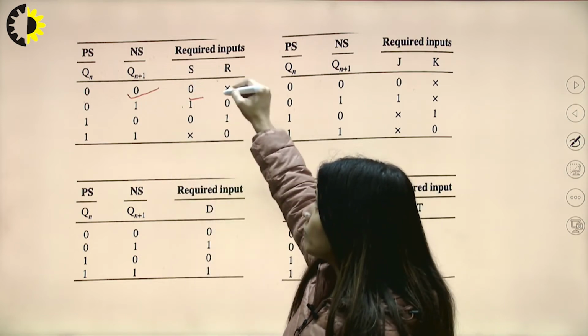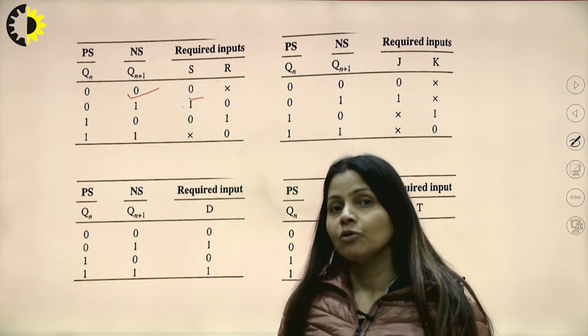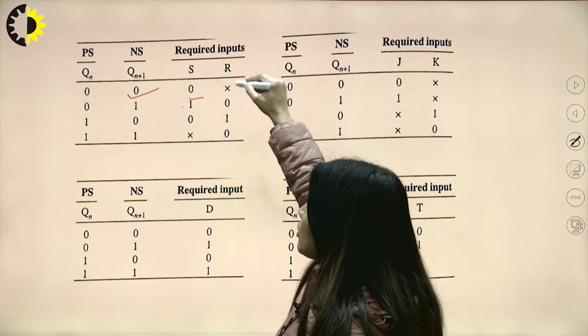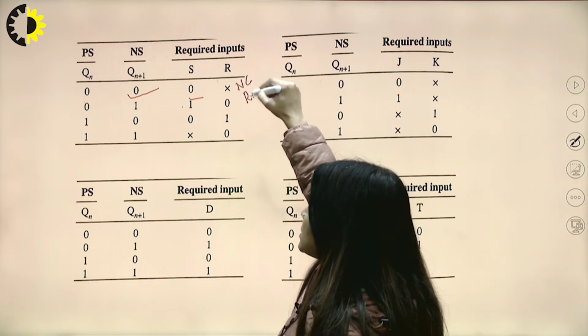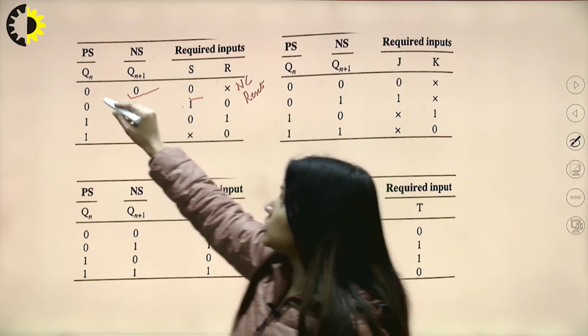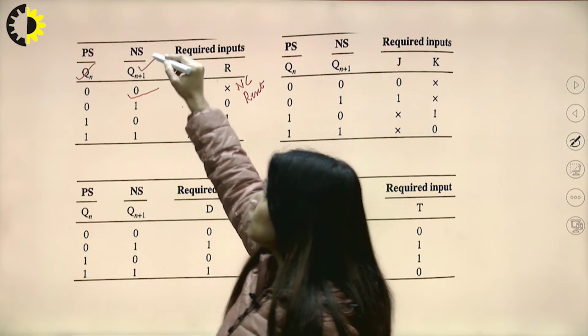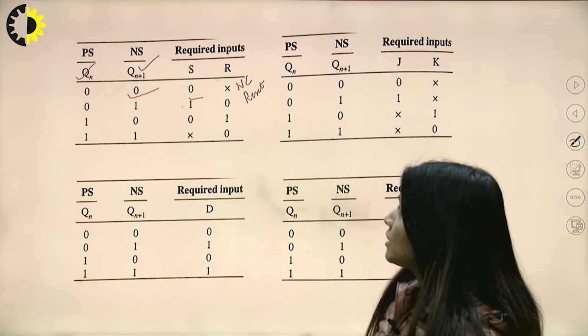And for 0, 1, also the Qn plus 1 will come out to be 0, or reset state. So this is the representation for the no change condition and for the reset condition. So for 0, 0, if the present state is 0 and the next state is 0, there are 2 possibilities. First is for no change and second one is for reset.